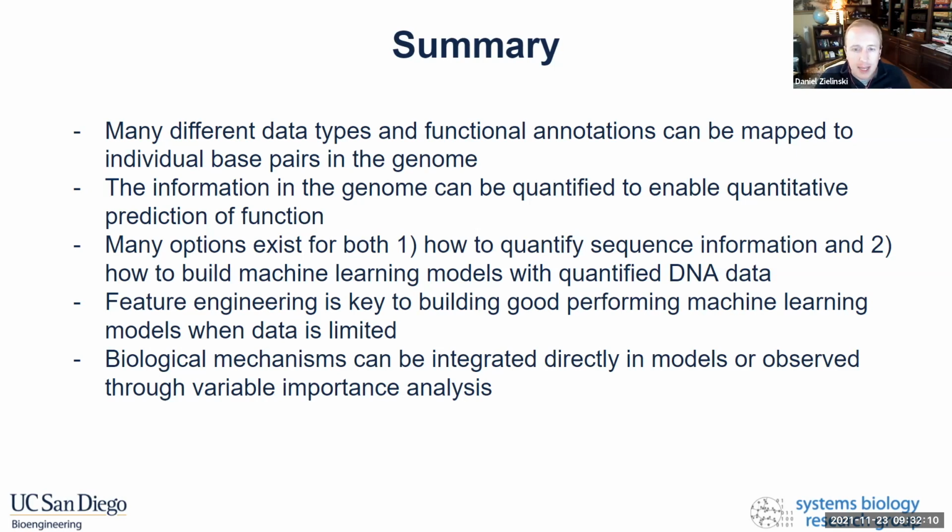Or looking at basic things like does your data have enough variance to train on? And is the variance due to sequence less than the variance due to conditions and things like that? So there's a lot of iteration and thinking that goes into building these models at this point. Of course, once they're better established, we'll probably have community standards, but we're still in a pretty early phase of building these types of models.